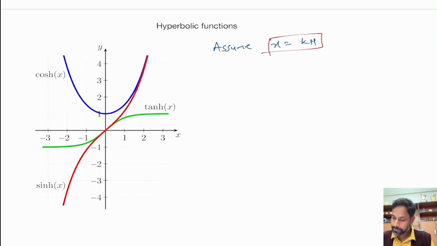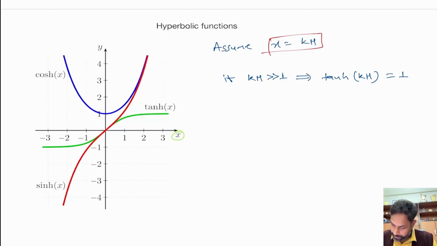So consider x is equal to kh. So if kh is much greater than 1, that actually means that tanh of kh becomes equal to 1, right? That you see from this particular area.